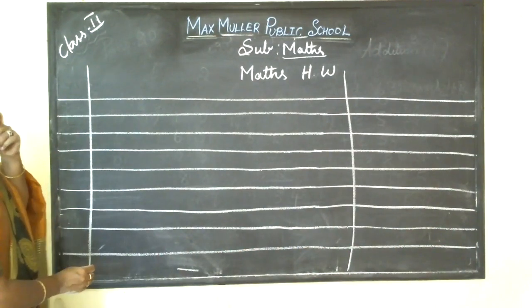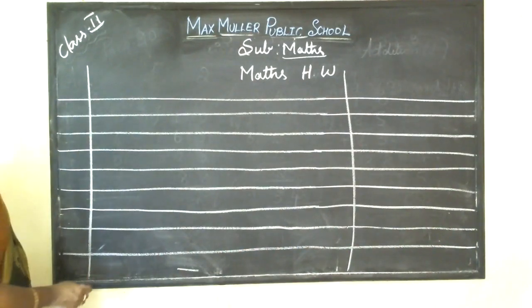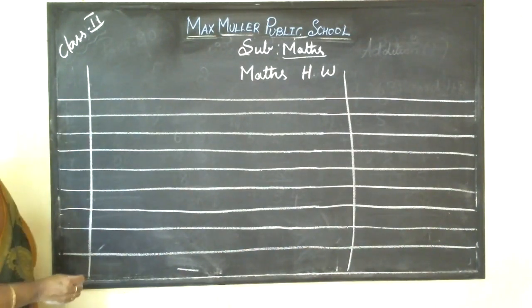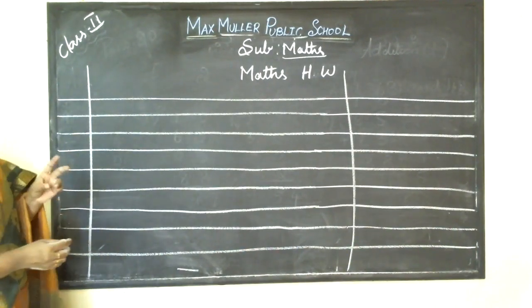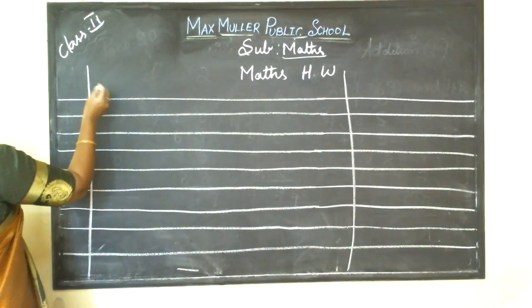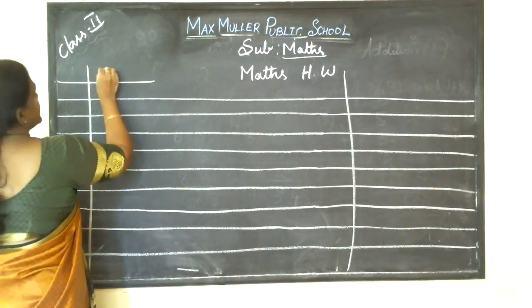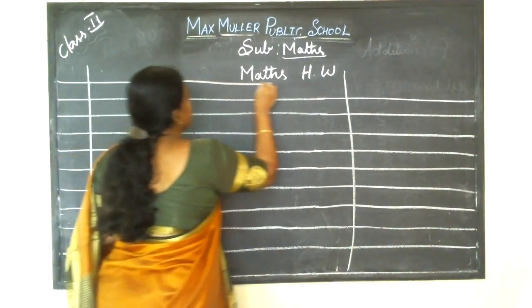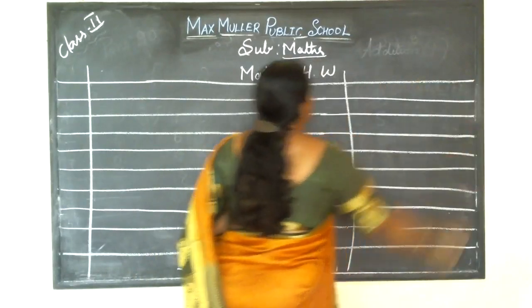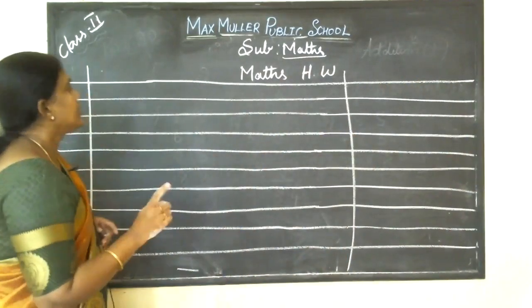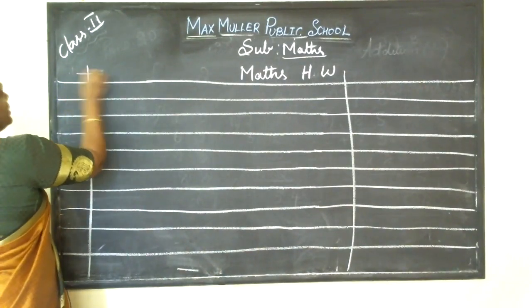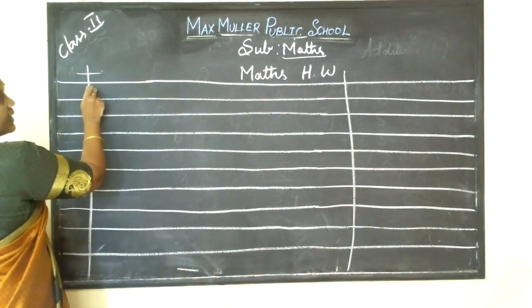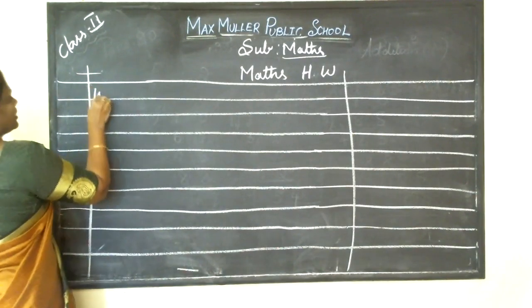Last class what I gave, write the tables of 2 and 3. Now today I am going to give 4 tables, 5 tables and 6. Sorry children, 4 tables, 5 tables and 6. Leave one line here. See, in the notebook, go to fresh page. Don't write there only. Go to fresh page, leave one line and second line you want to start.